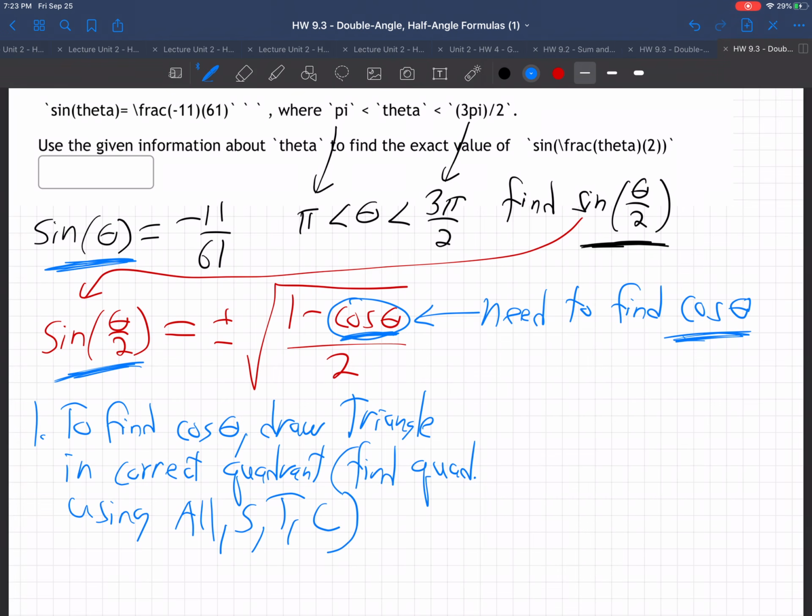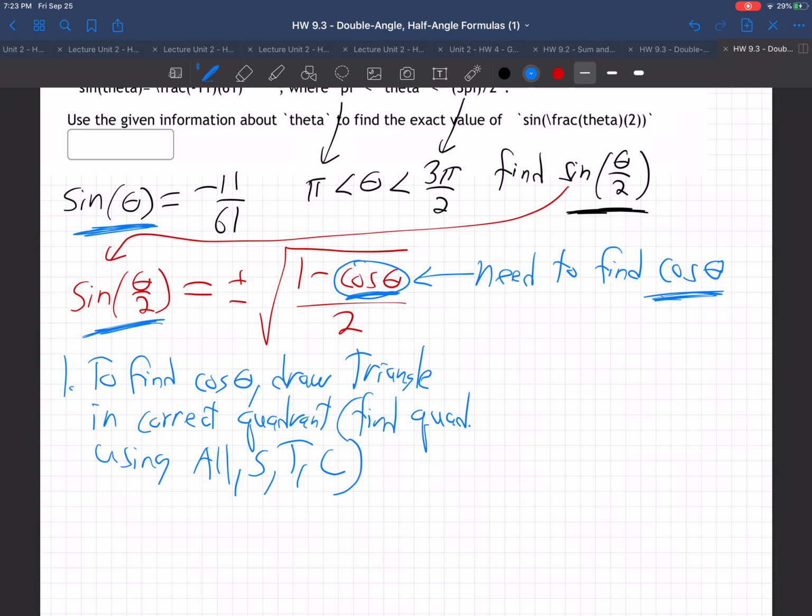Remember that way of knowing where the signs are positive and negative? So let me come over here and draw the axis system. And remember, all trig functions are positive in the first quadrant. All Students Take Calculus is how you remember which trig functions are positive in which quadrants.